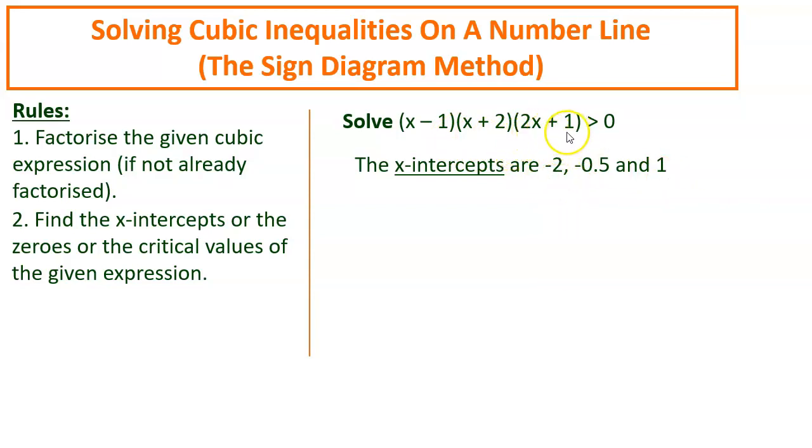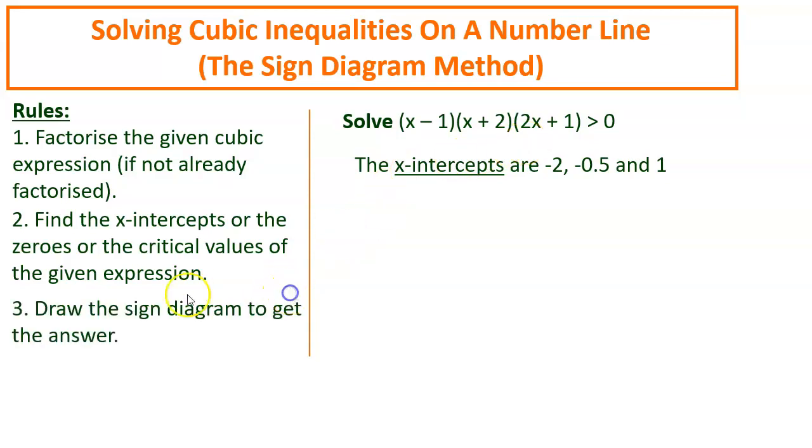And from 2x plus 1, we get the x value as negative half or negative 0.5. I was not having much space, so instead of writing a fraction, I have written negative 0.5. So we have found the x-intercepts of this given expression.